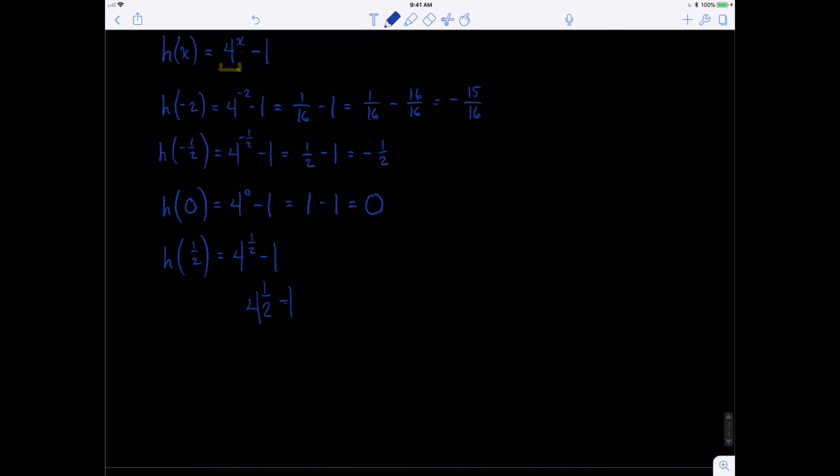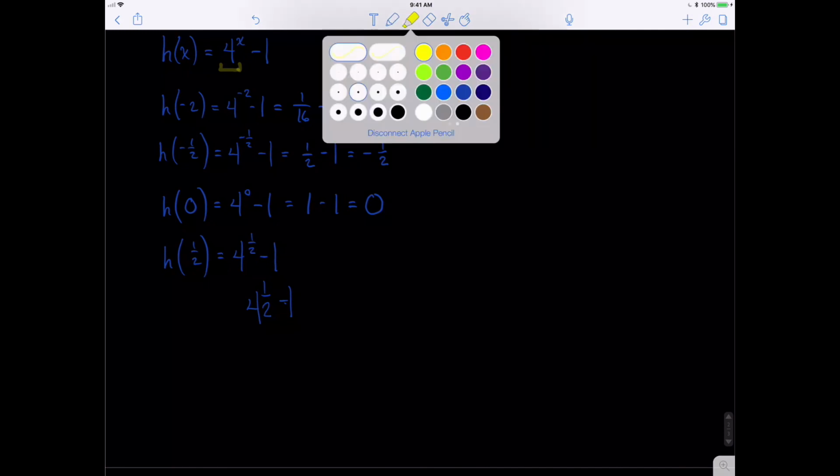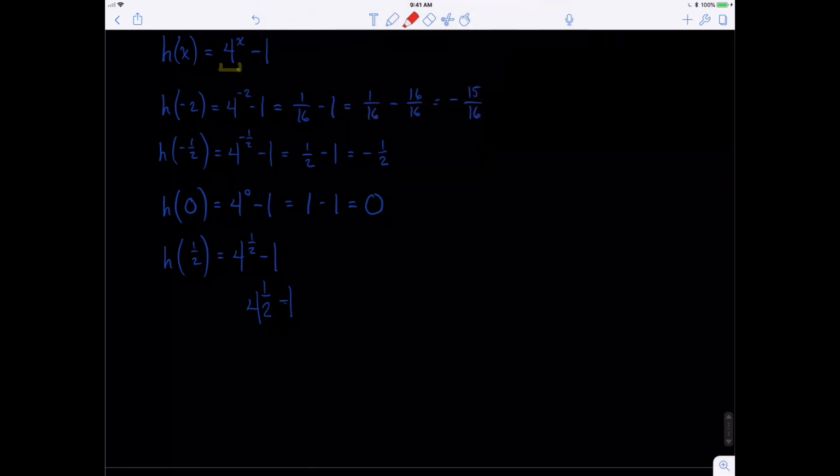Well, pretty soon, if they forget that they're working with exponential functions, they might look at that as 4 times 1/2 or 4 and a half. And so I would encourage you, if you're making mistakes, it might simply be that your penmanship got the best of you and fooled you. So instead of erasing that, I'm going to put a red X through that. So that's a red X.